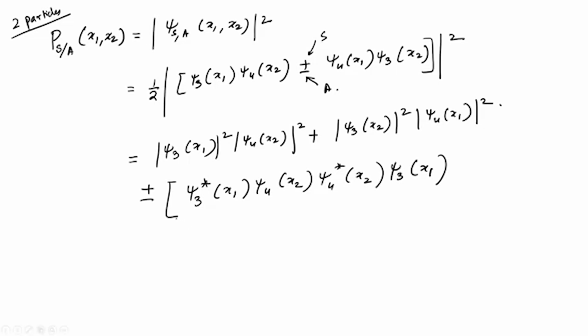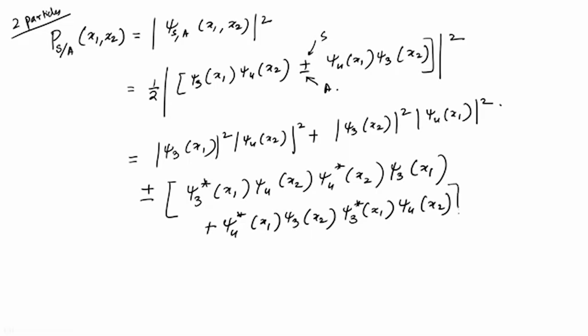That is one interference kind of term or mixed term, and then you have psi 4 star x1, psi 3 x2, psi 3 star x2 and psi 4 x1. Okay. So, this is the probability density for each of these states, and this is very interesting. The interesting thing is that the first two terms are predicted by the third observer who came and joined the game at that capital T time.